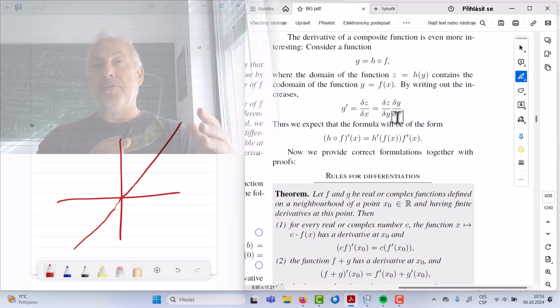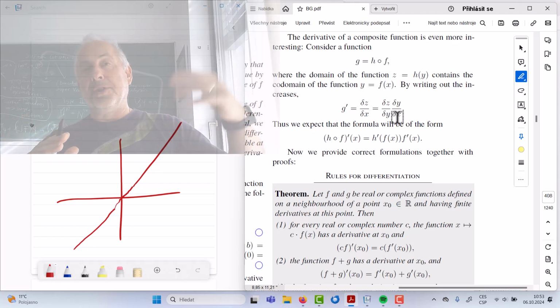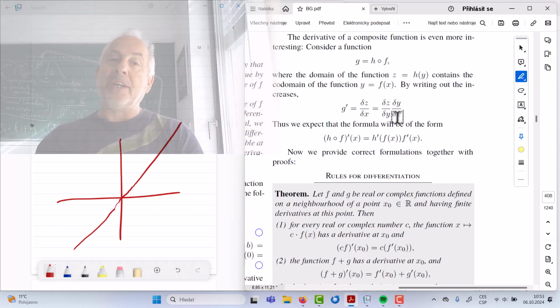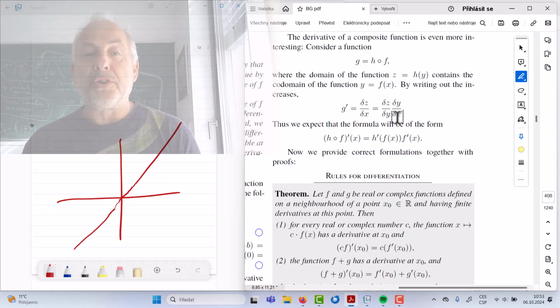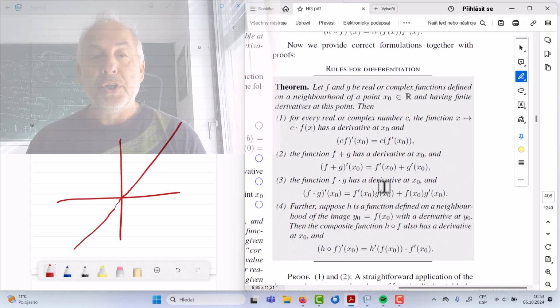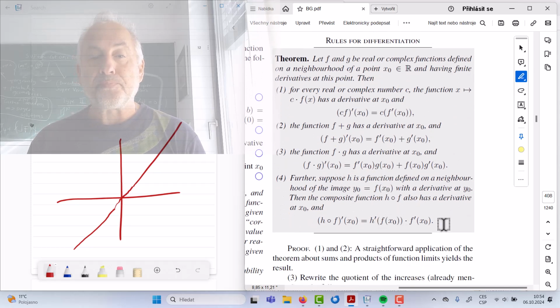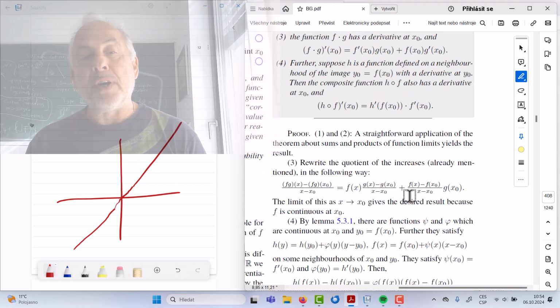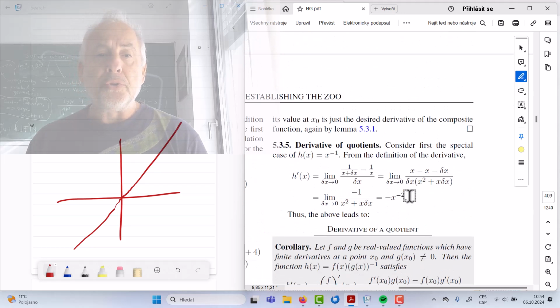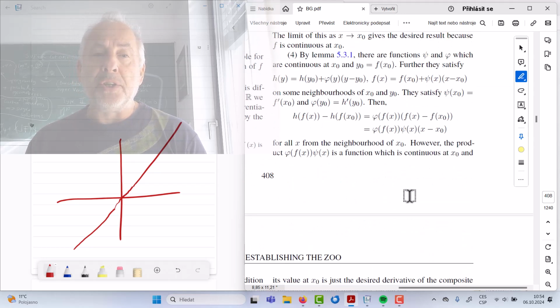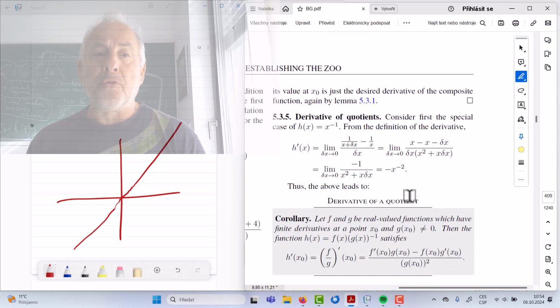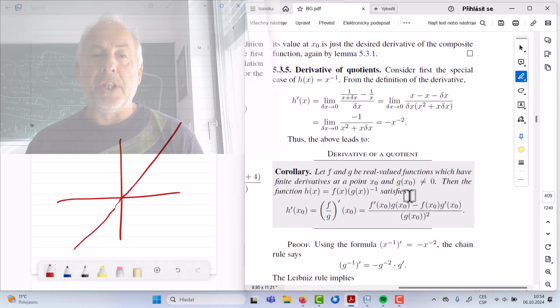So we first differentiate the outer function, so the one which goes as second, and then we multiply it with the derivative of the inner one, and that's here, right? So that's the rule for the derivative of the composed function. So you see, this is nothing complicated, and for quotients, that's the thing we are still lacking.